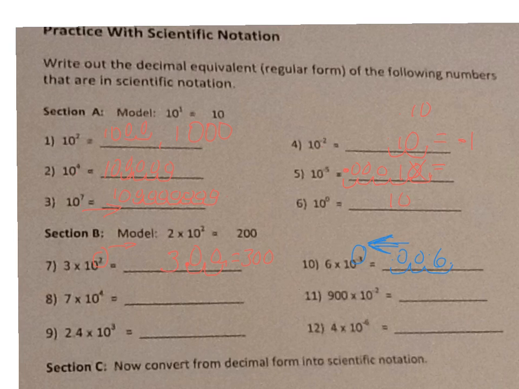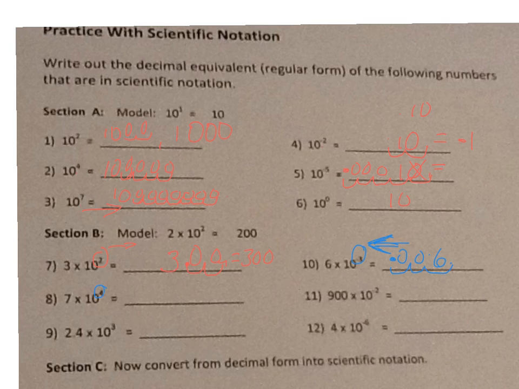So that's 0.006. See how we made our smaller number. So the negative means you're getting a smaller number, and the positive means you're getting a bigger number. So you can see here we're getting 300, and here we're getting not even near 1, 6 thousandths of a number, really small.